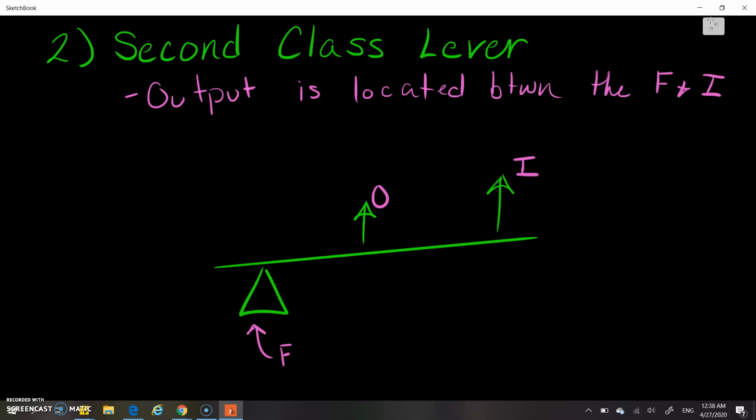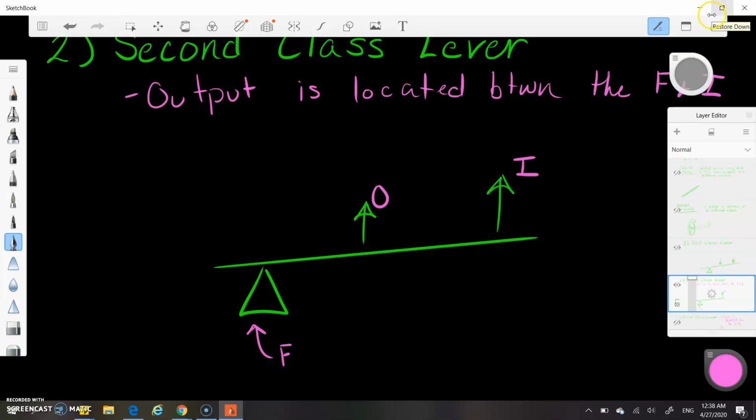Generally speaking, you're only lifting about half the weight, just because it's half the distance, and so gravity is still holding a good brunt of it, so you're not having to lift as much. Again, the key thing with this one is that the output force is in the middle.